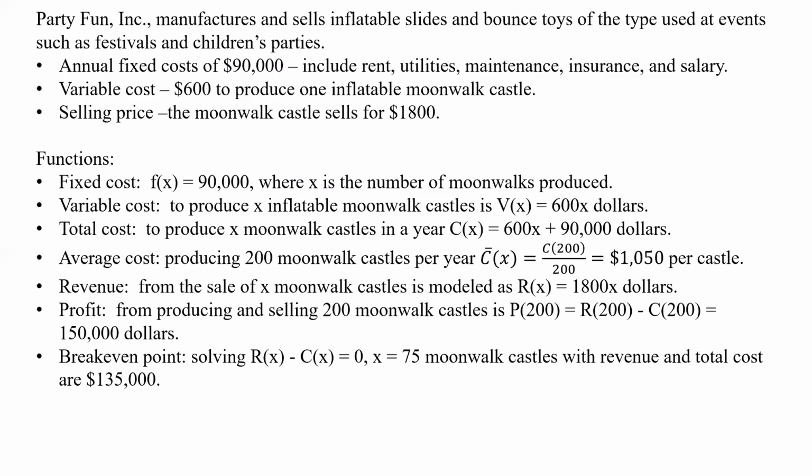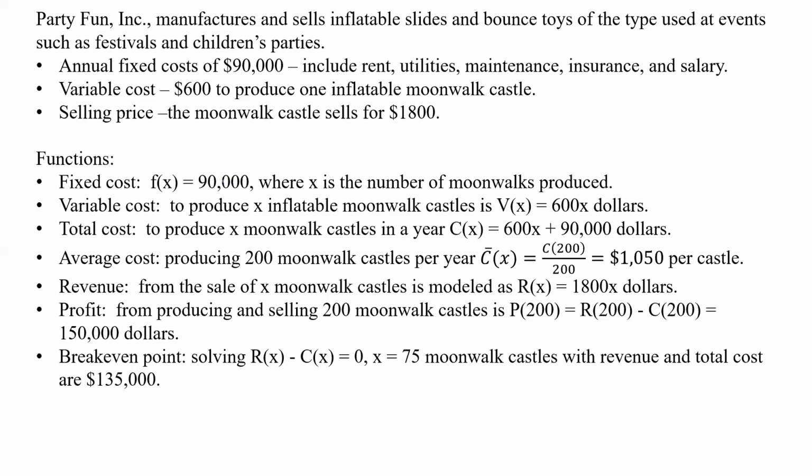Since we don't have any change there, we're not really going to have a difference in what our fixed costs are because they're going to be fixed. It doesn't have anything to do with a value. So even though we're saying x is the number of moonwalks produced, it could be f of 5 and it's still going to be 90,000. It could be f of 1 and it's still 90,000.